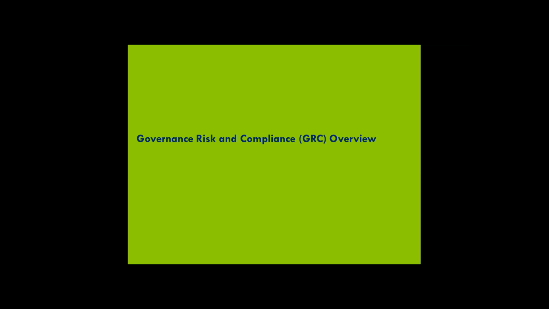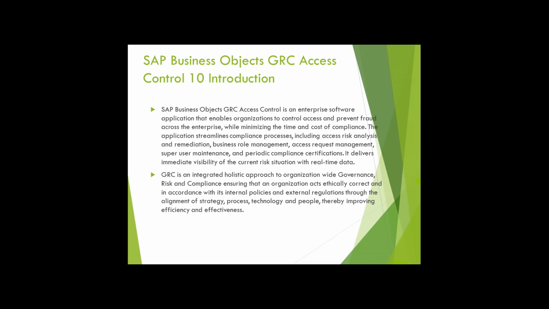So, we'll discuss the major GRC point of view. As you already know, GRC is an automated tool. This SAP Business Object GRC Access Control is an enterprise software application that enables organizations to control access and prevent fraud across the enterprise while minimizing the time and cost of compliance.